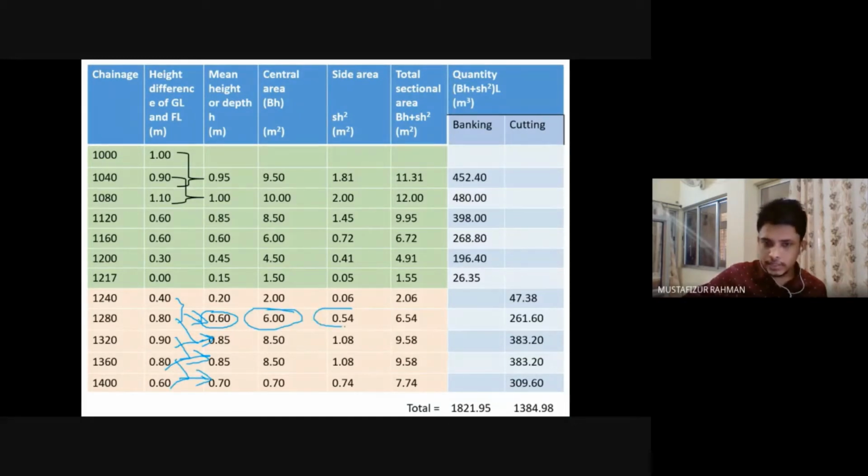Then the central rectangular portion, the triangular portion, the total cross-sectional area multiplied by the length, which is 40 meter now, gives us the total cutting work. So finally we add them up, banking and cutting separately.